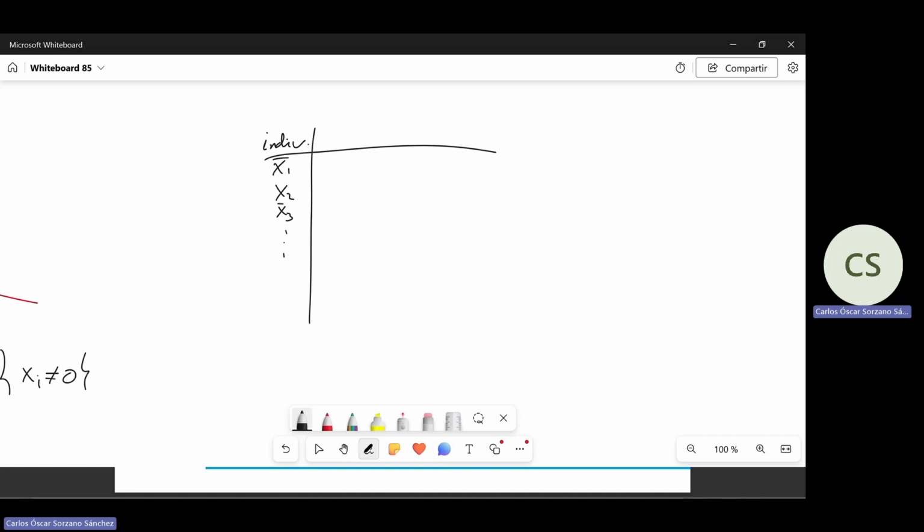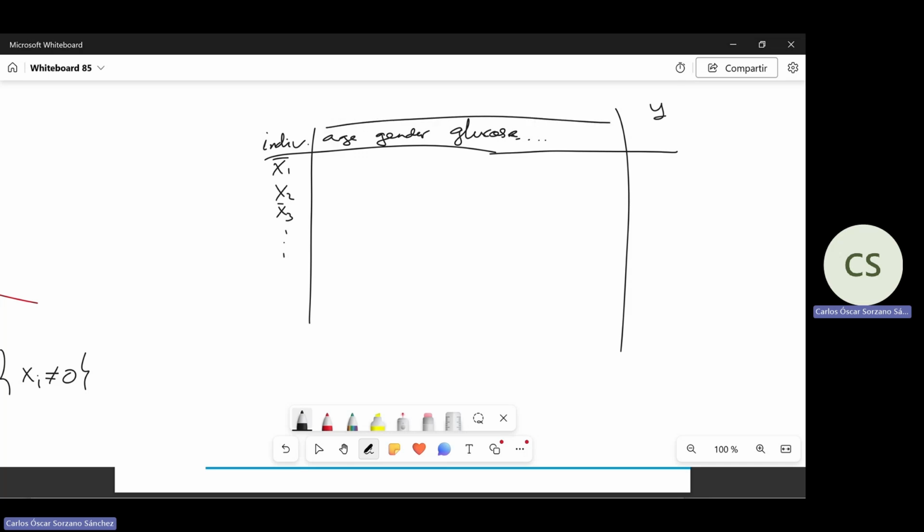For these individuals, you measure the age, gender, glucose level, many things, and all this is your X. And you measure whether this person has had a heart attack or not, so it will be 1 or 0. And then you want y as a function of x.